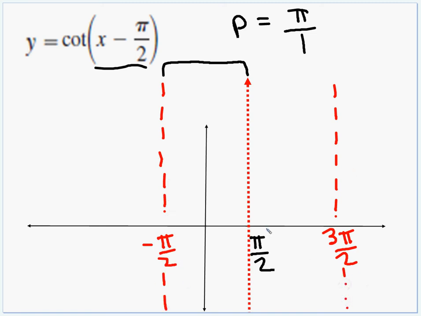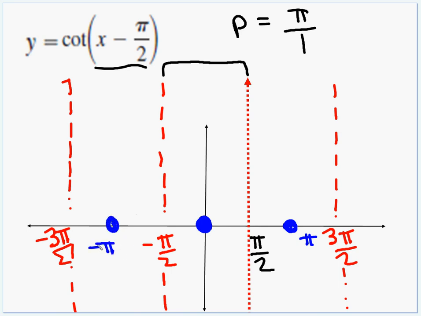Let's go another one. If we jump another pi to the left, we'll be at negative 3 pi over 2. All right. X-intercept, first one is at the origin. And if we jump the period to the right, we'll get to this x-intercept. That'll be at pi. If we jump to the left, this one will be at negative pi.